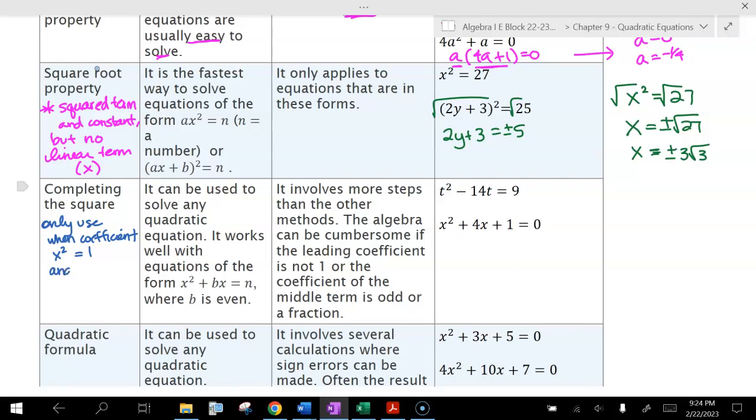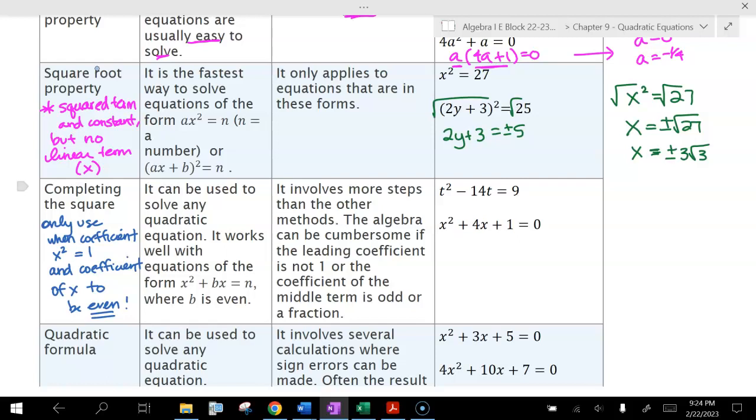And the other thing is that to make it easier, you want the coefficient of your x term to be even, because remember, we take that x term and divide it by 2.